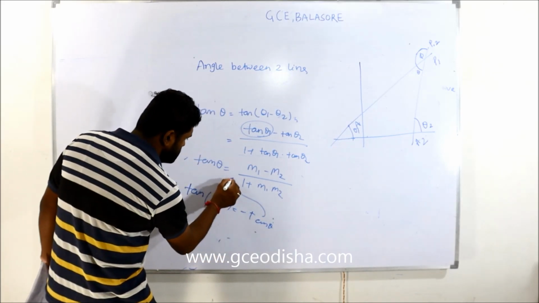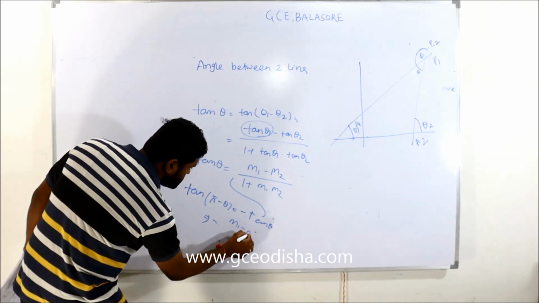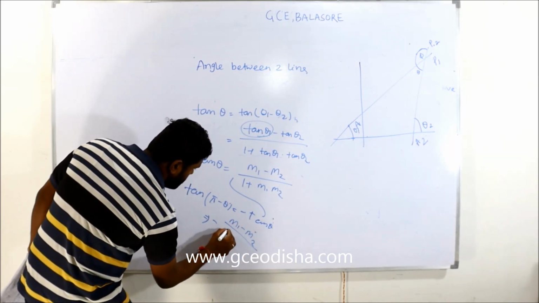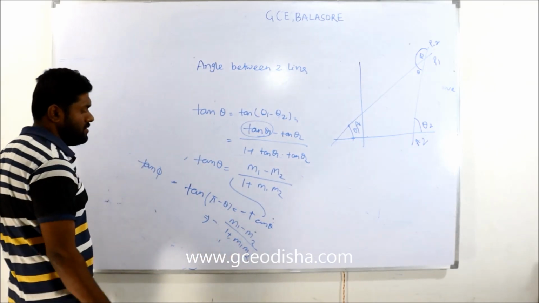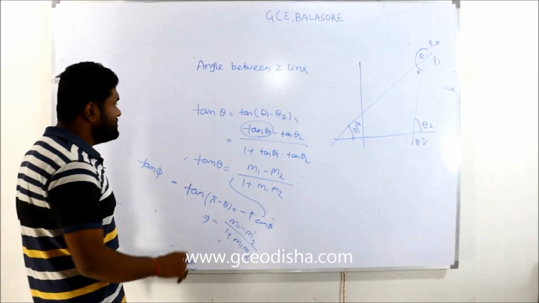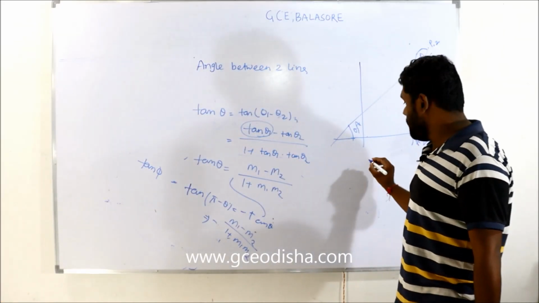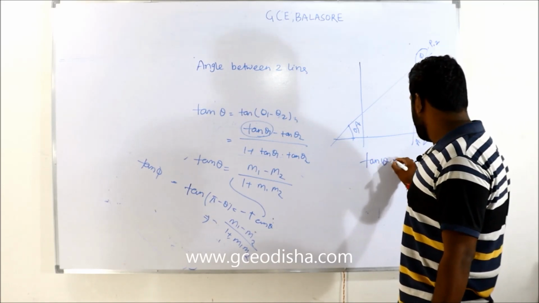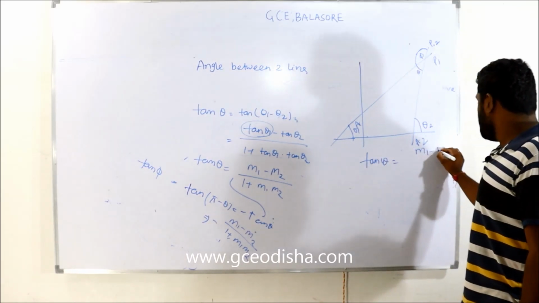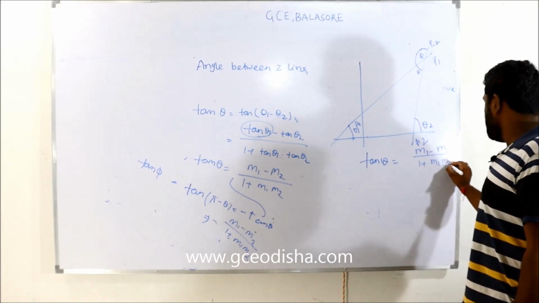Then this will come as minus (m1 minus m2) divided by (1 plus m1 into m2), right? This equation means the angle between two lines. What will come? Tan theta is equal to (m1 minus m2) divided by (1 plus m1 m2).